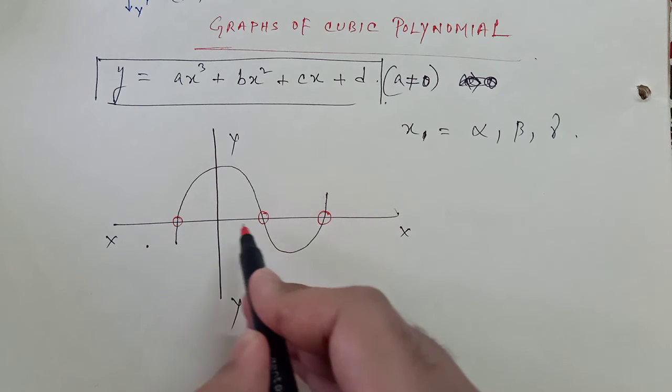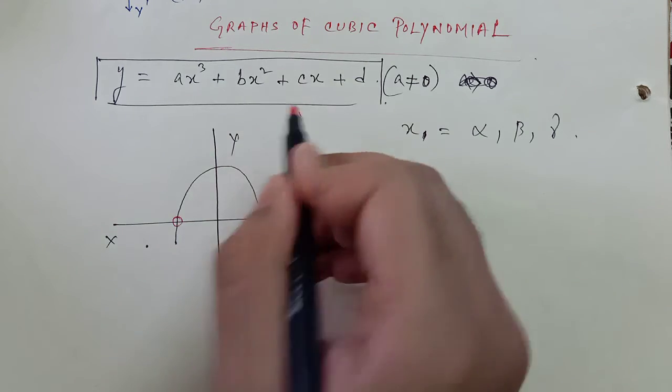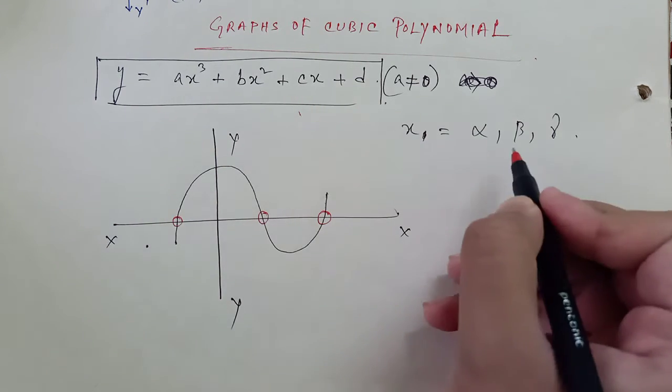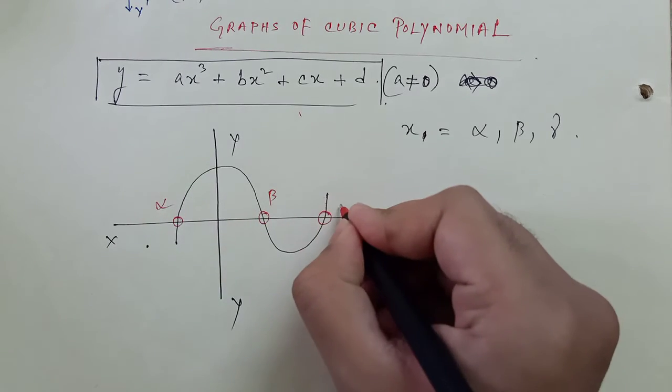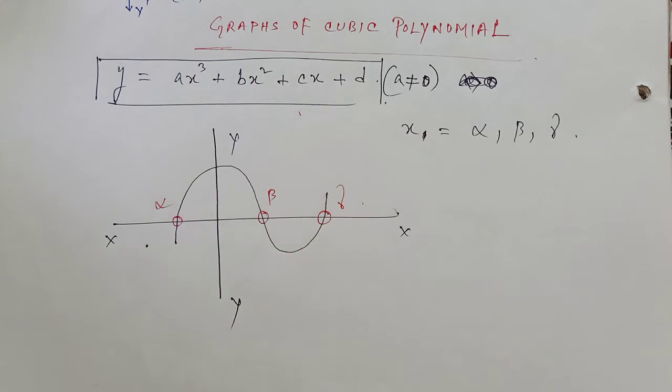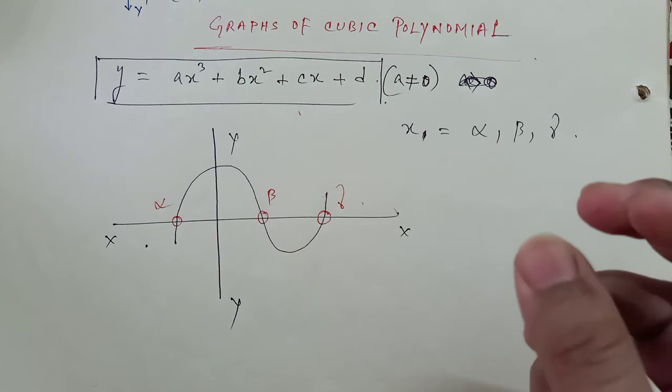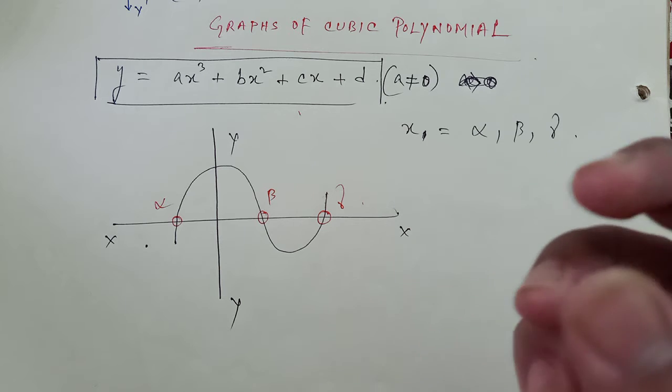So these are nothing but the zeros of this given equation. So suppose my first zero is alpha, it can be beta, it can be gamma. So the number of zeros depends upon the degree of the polynomial, and you just have to see in how many points the curve is cutting the independent axis.